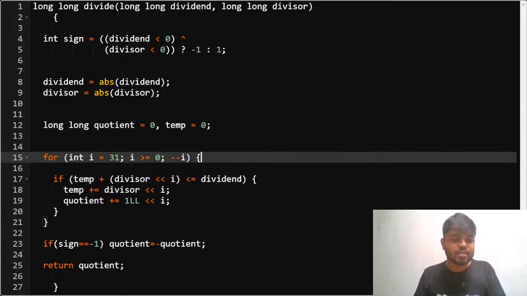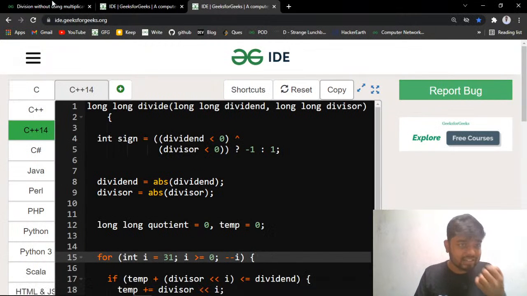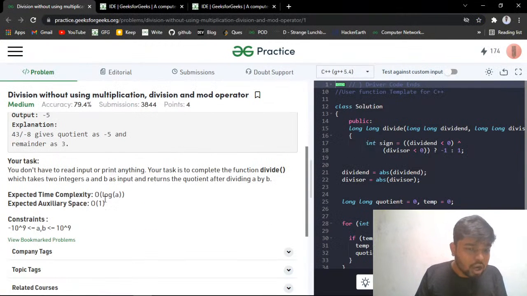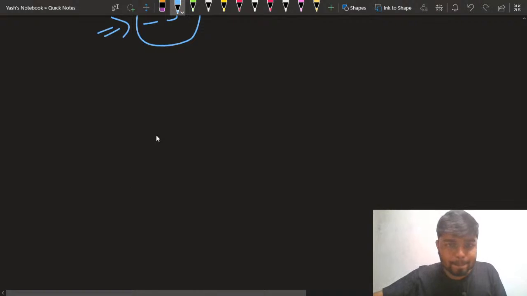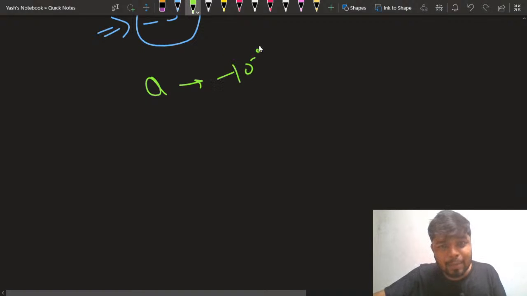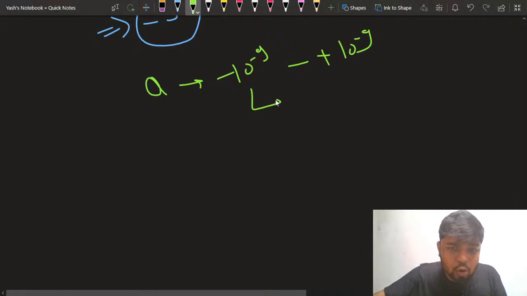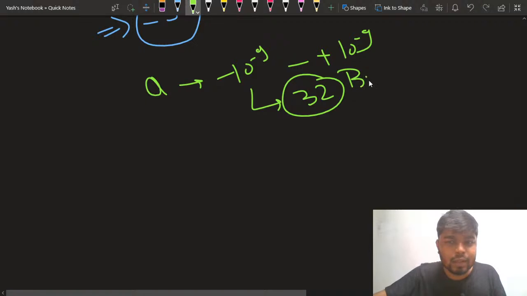The reason why I am taking 31 is because in this case you can see the values of A and B are given. I'm telling you a thumb rule. If your A is given to be from minus 10 to the power 9 up till plus 10 to the power 9, in this case you will have 32 bits.